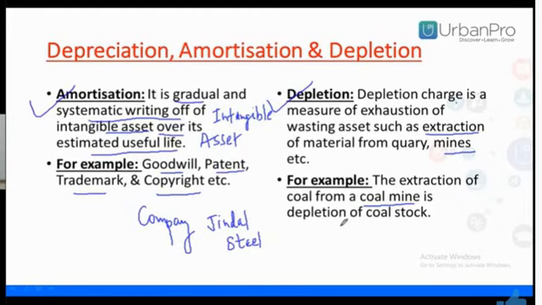Even they have limited life of minerals in mines. So for that we charge depletion. Depletion is charged as a measure of exhaustion of wasting assets such as extraction of material from mines. I hope you understood the meaning of depreciation, amortization, and depletion. Now let's move further.